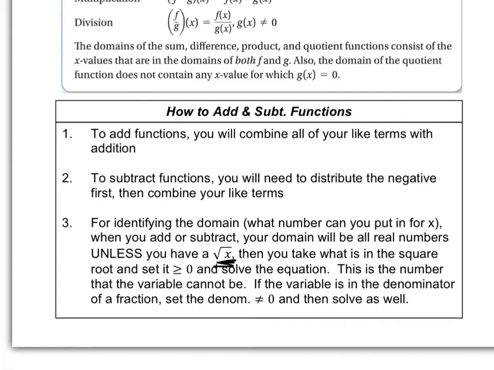Underneath a square root, what numbers cannot be underneath? Negative numbers. So if you have a square root in your equation with a variable underneath of it, you're going to take what's underneath that square root, set it greater than or equal to 0, and then solve the inequality.